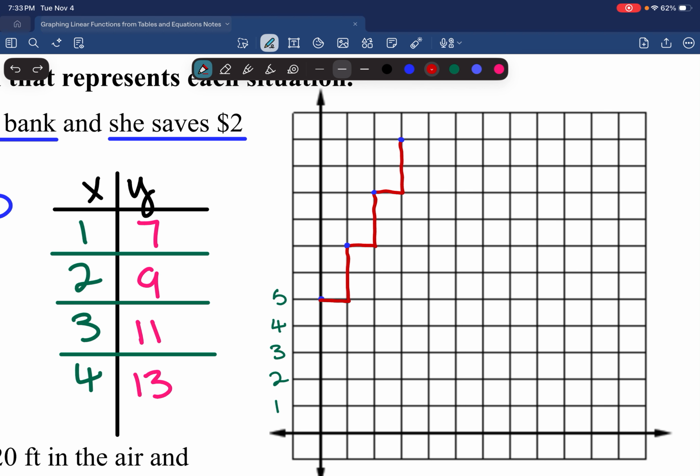So now I can draw my line through. And then I'm going to get rid of the staircase. Well, it was more slope triangle, but so your graph should look like this.